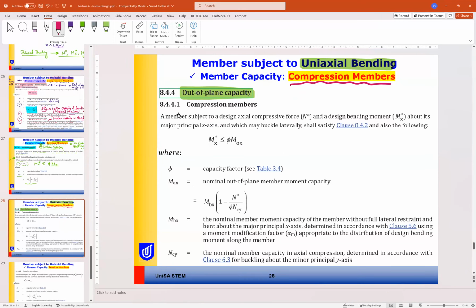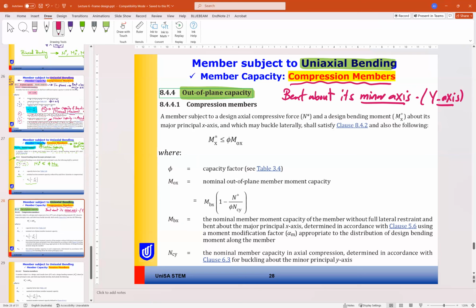So if you have a compression member and you want to check the out of plane capacity, out of plane capacity means bent about its minor axis, or y axis. So in plane is about x, out of plane usually about y.